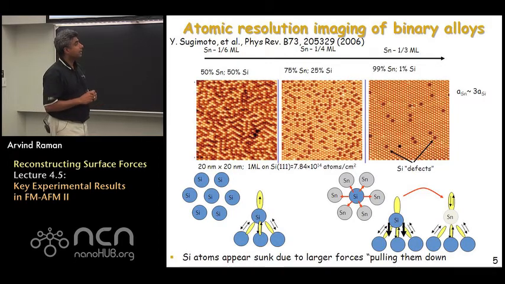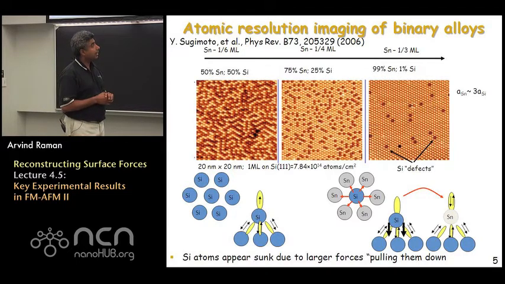In particular, one can demonstrate that a silicon atom sitting on a silicon surface is going to experience higher forces pulling it down, in effect, due to the presence of an unpaired orbital on the top of the silicon. On the other hand, if one has a tin atom sitting on a silicon substrate, it's not pulled down with as much force. As a result, the tin atoms appear higher than the silicon atoms in these images.